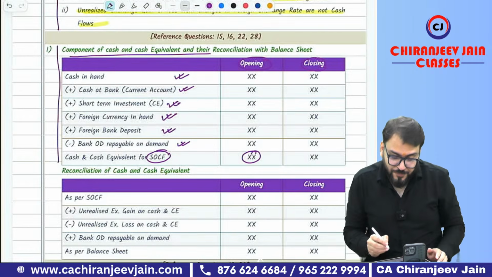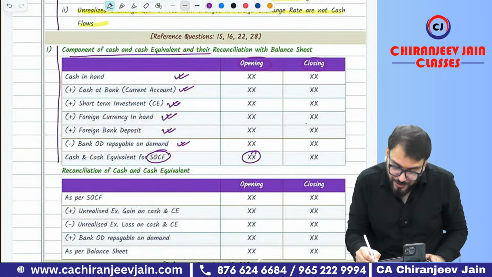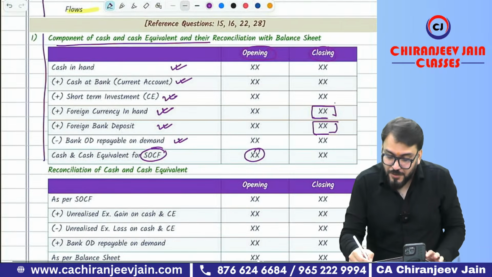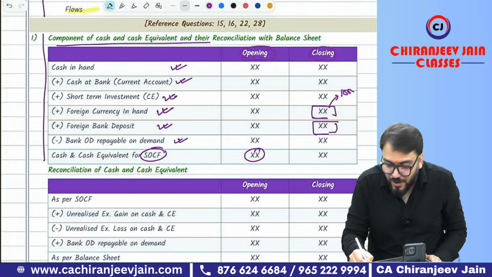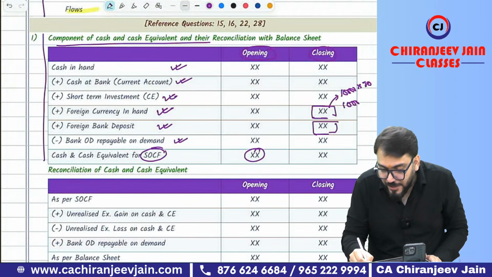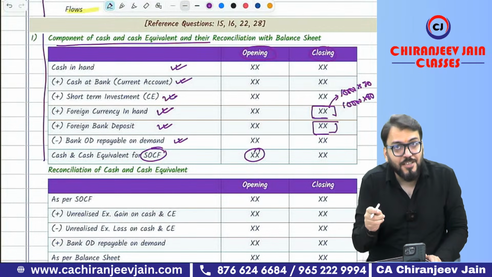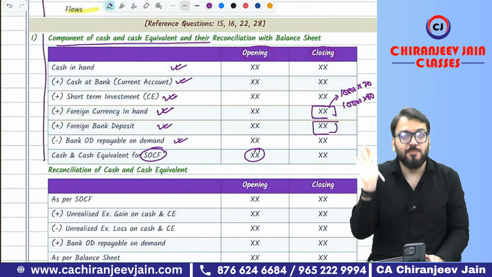But just try to understand, when I am saying foreign currency in hand and foreign currency bank deposit. Suppose you acquired 10,000 foreign currency when the rate was 70, but now it has become 80. My question to you all, how much will come in balance sheet and how much will come in cash flow statement?